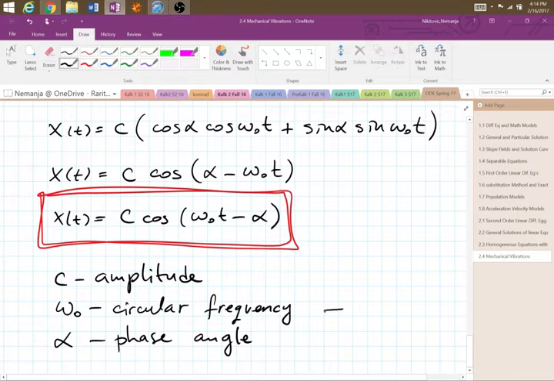Off of here, we can find the period T, right? And the period is going to be 2 pi divided by omega 0. If you remember your pre-calc 2 from like 17 years ago, there was that part when you were graphing functions by hand, and we had that the period was 2 pi over b.